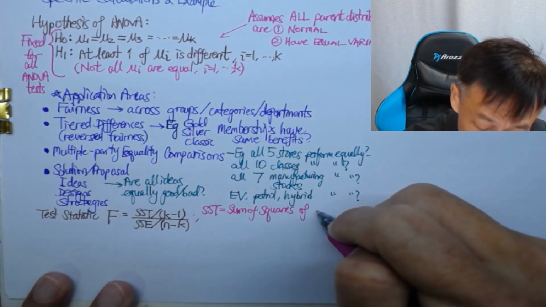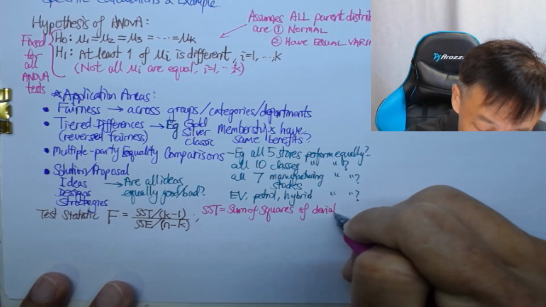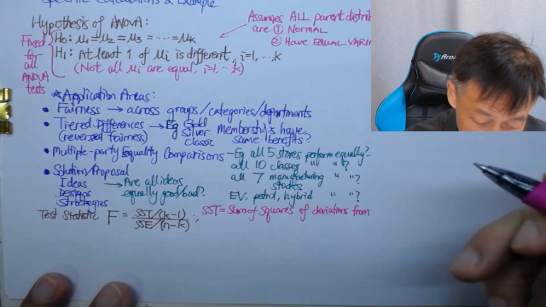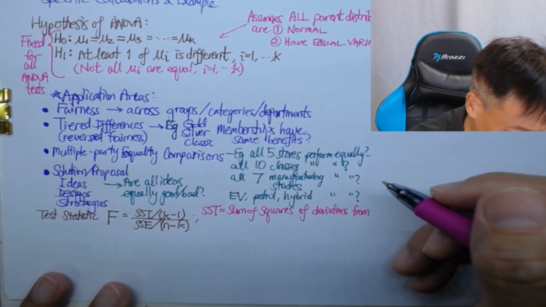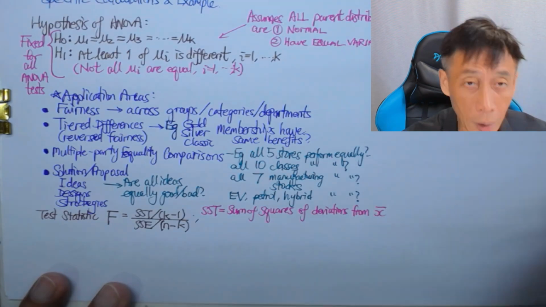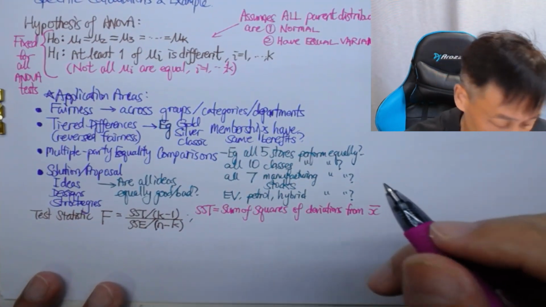Sum of squares of deviations from the overall mean. I'll just denote it as X bar.